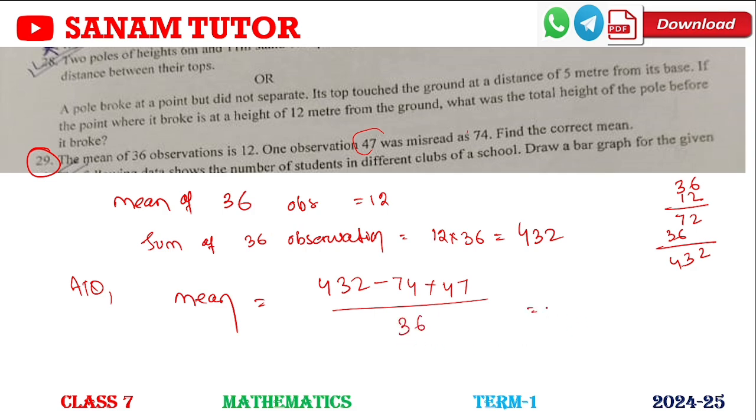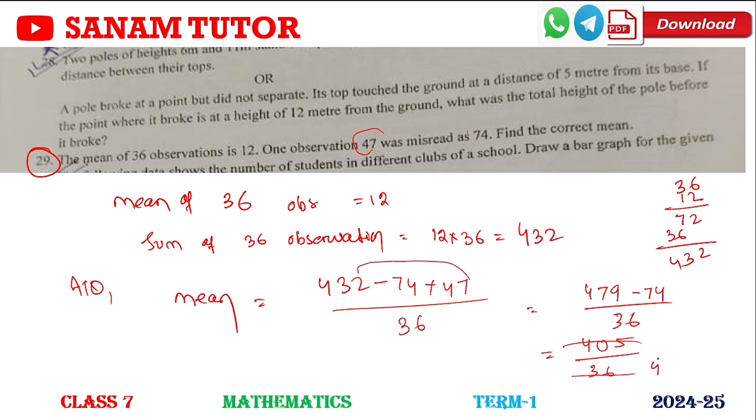Okay, so now 432 minus 74, first we add 47, minus 74, divided by 36. Now 9 minus 5, 4 minus 5, 7 minus 7, 0, 4 divided by 36.